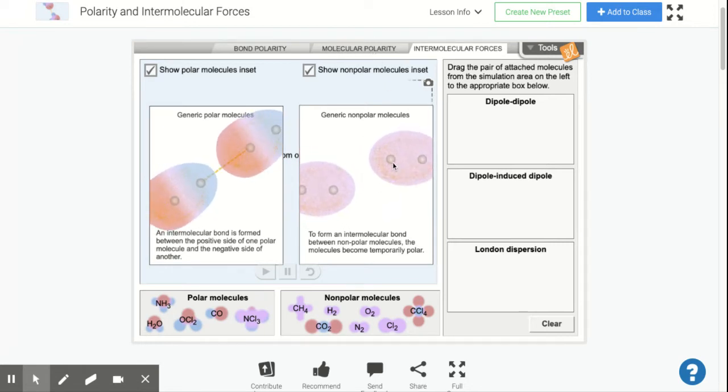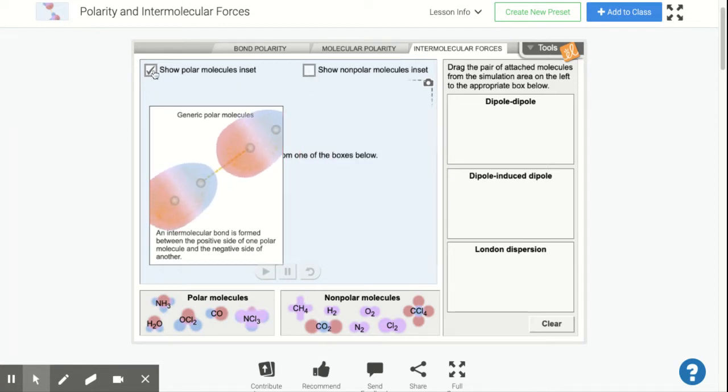With these two, you can see that they are equally balanced. Neither side is positive or negative, which means they're neutral. They're not going to want to be attracted to one another if they're neutral. So in order for them to bond together intermolecularly, these have to temporarily shift so that they do have a positive and negative end. Whereas on this side, your intermolecular bonds just naturally form because you do have the positive and negative sides.